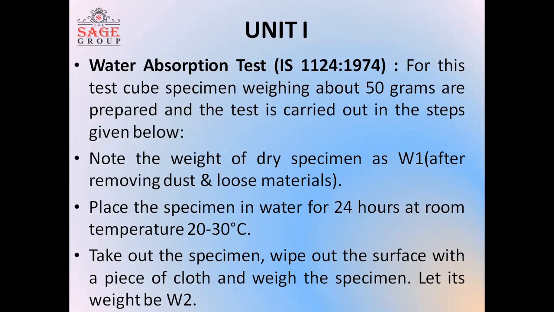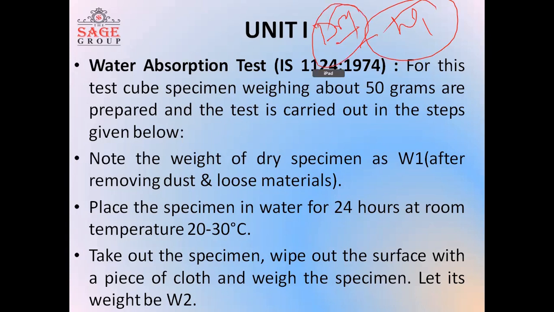For this test, test cube specimens of about 50 grams are prepared and the test is carried out. First, note down the weight of the stone in dry condition. It is called W1, or we can say the dry weight of the stone.